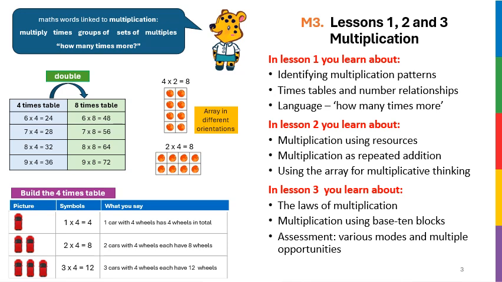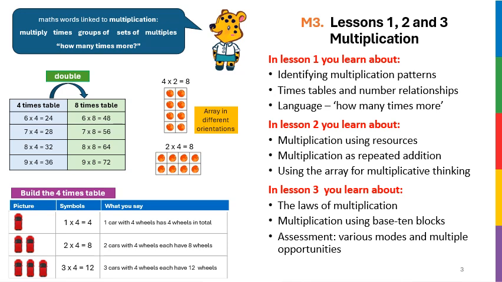But then I saw the idea of having an image that was linked to the table that you're building. Even though it looks very small, it is an image of a car. Children know that cars have 4 wheels. So when I write 1 times 4 is equal to 4, I say one car with 4 wheels has 4 wheels in total.